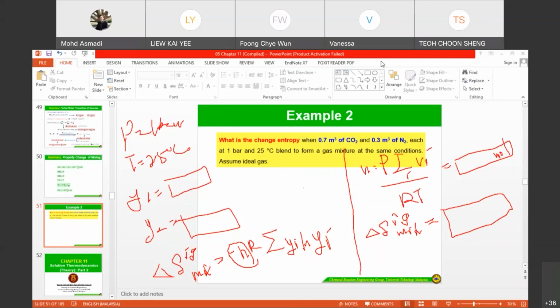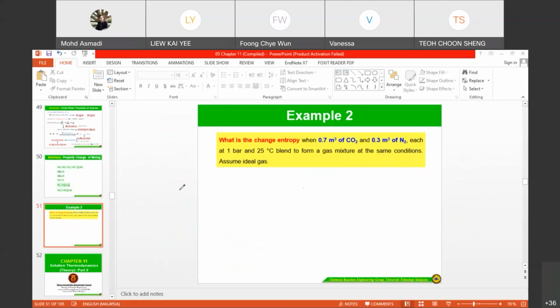Give me the value. Irene. The number of moles I get is 40.3418 moles. So please calculate the delta S mixing. And the delta S is 204.8849 joules per Kelvin. Okay, thank you.